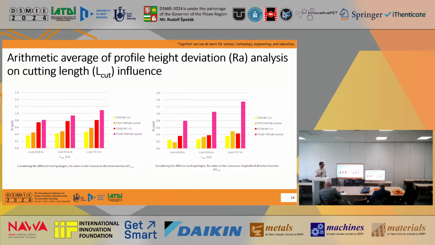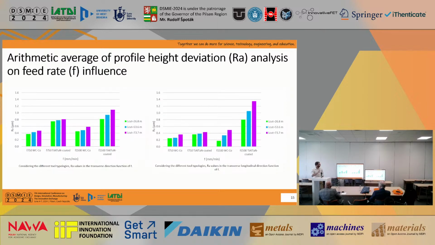Just one little detail that coated tools perform better with a more marked setup, which was with the lowest cutting length and the lowest feed rate. Here we have now the feed rate influence in the surface roughness measurement, and what we can see, it's not now in a linear trend getting the evolution, but it has a serrated trend.